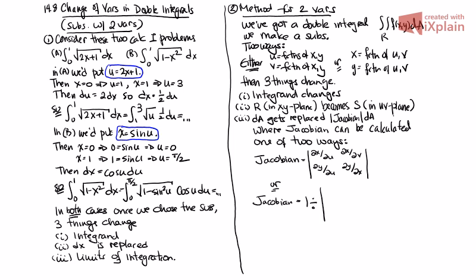If you've had linear algebra, you'll recognize this as a matrix inverse, but this is 1 divided by the determinant of partial u, partial x, partial u, partial y, partial v, partial x, partial v, partial y. Now, if you want to know which one you use, it's actually pretty easy to see.